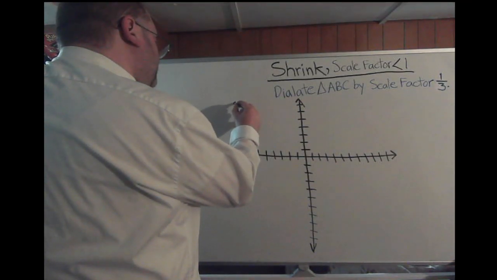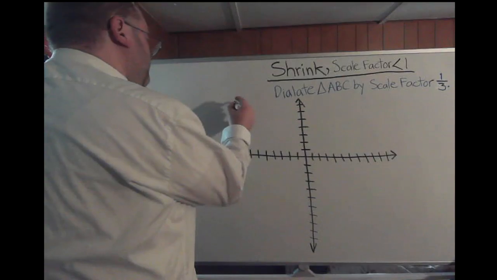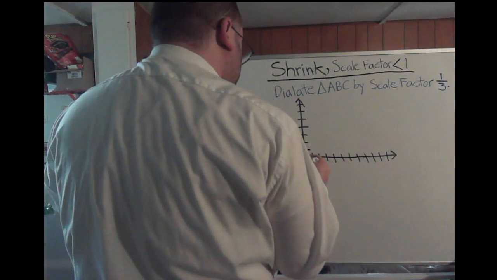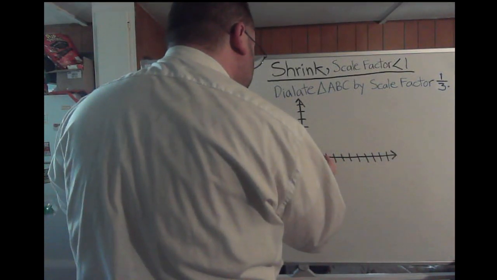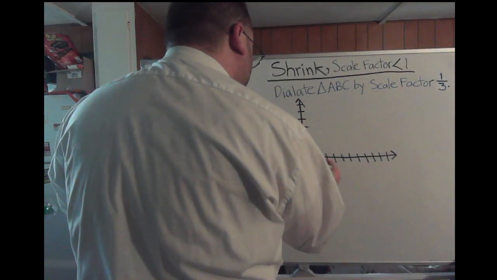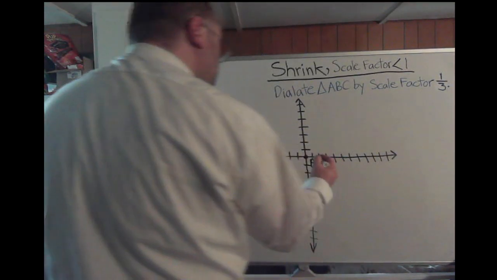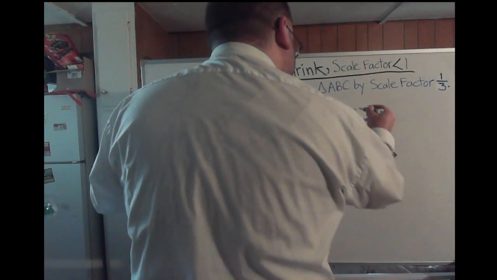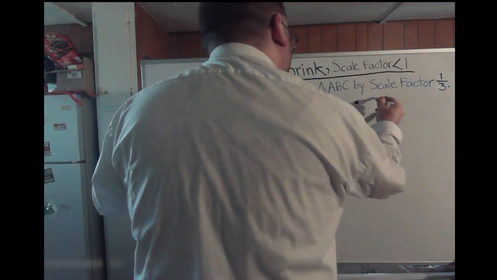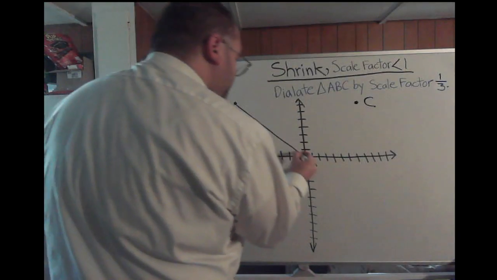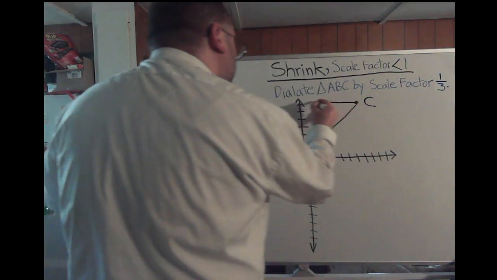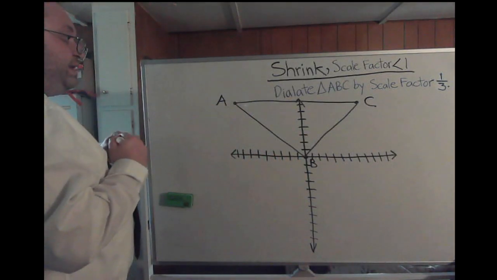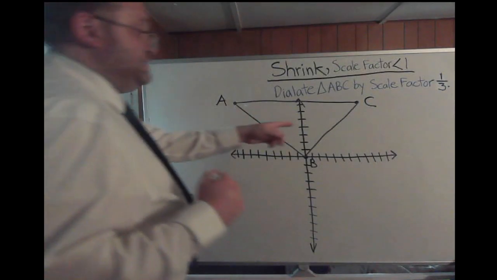All right, so we have right here, this will be point A. We'll make 0, 0 point B. We'll go 9, 6 will be C. This will be C. So here we have triangle ABC.